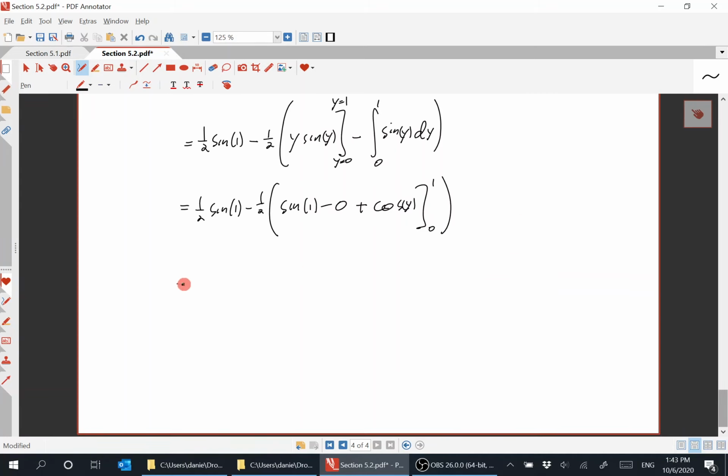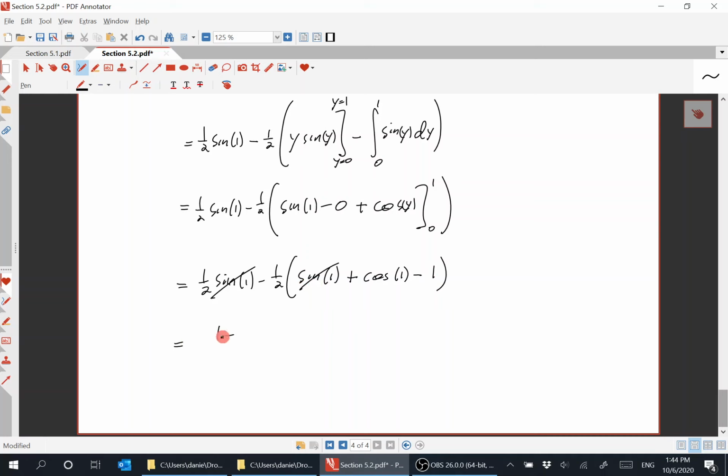Right? So we get 1/2 sine of 1 minus 1/2 sine of 1 plus cosine of 1 minus cosine of 0, which is just 1. So this and this cancel, and we're left with negative, right, of this.